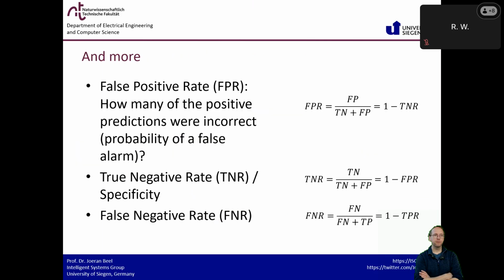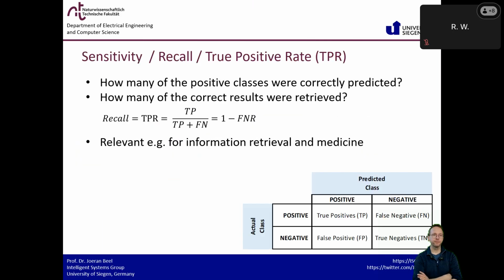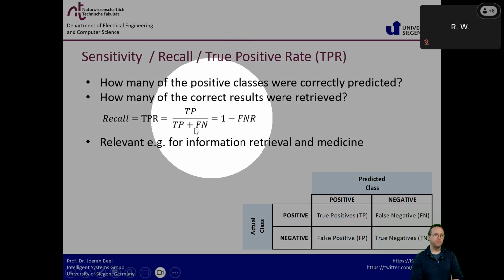Going back to the slide, what recall is here. Exactly, yes. So if this should be 1, what does have to happen? This must be 0, right? Then you have a 1 here.